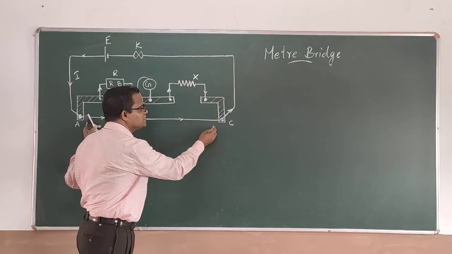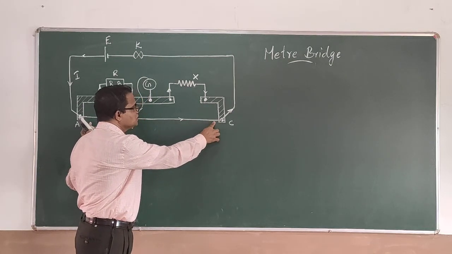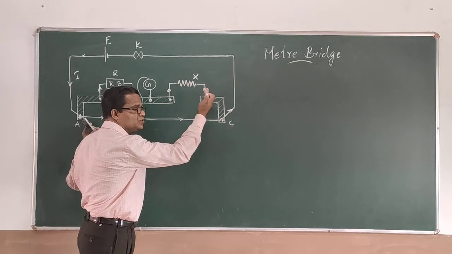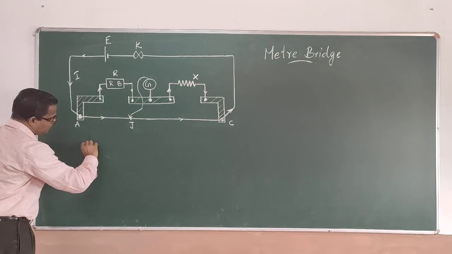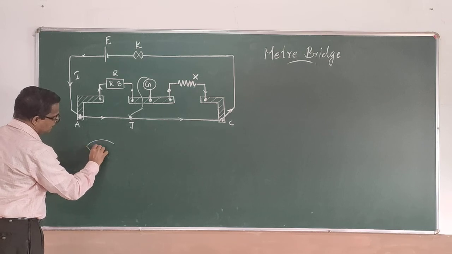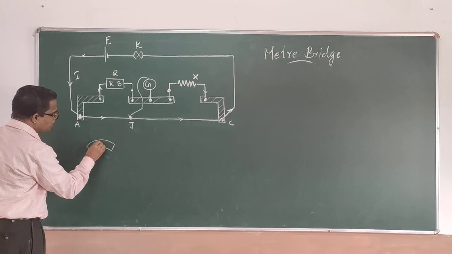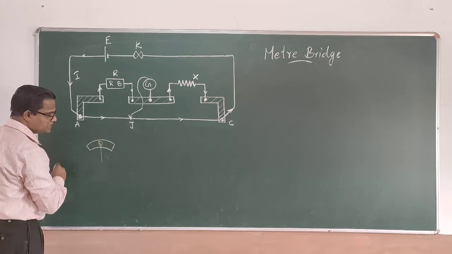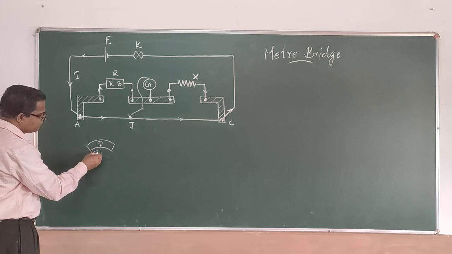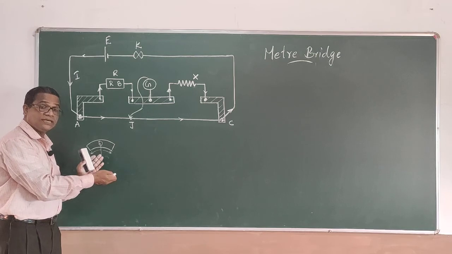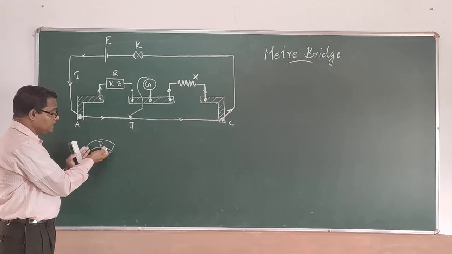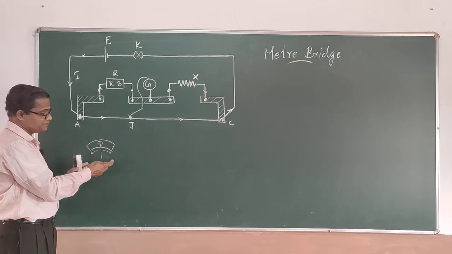And next, you press the jockey at this point so that the galvanometer shows the deflection on the opposite side. So the galvanometer will be having a scale like this, that the midpoint is 0 and the needle stays here. Left deflection, right deflection. Depending upon the direction of flow of current, you will be getting the left or right deflection.